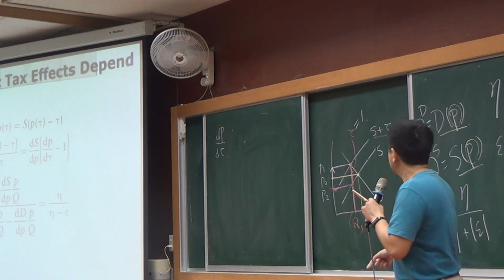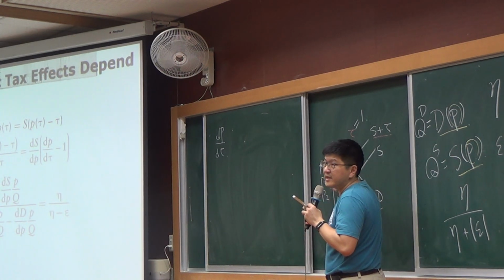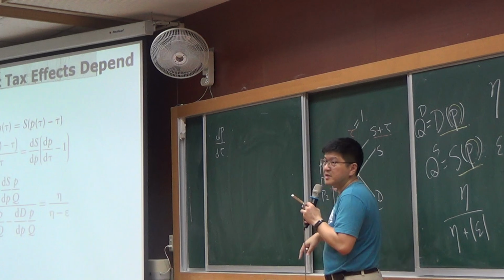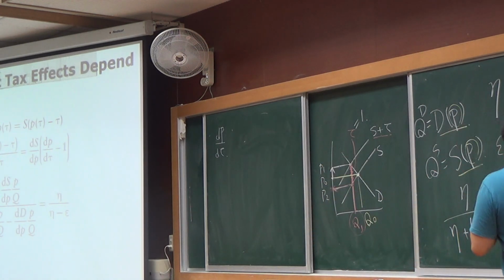So when this is 1, we'd like to know the size between P0 and P1, and the direction would be positive, right? How do we know the direction is positive? Because this term, dp d tau, equals eta minus epsilon, which is positive.